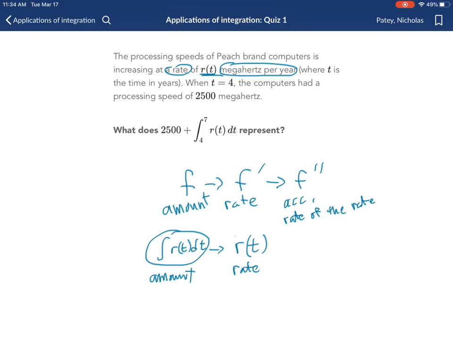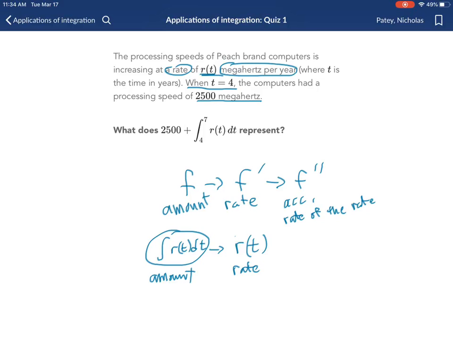Now, what would that be in our case? If the rate is megahertz per year, the antiderivative of that wouldn't be megahertz per year, it would just be megahertz. And this tells us that when t equals 4, the computers had a processing speed of 2500 megahertz. Notice it doesn't say megahertz per year.